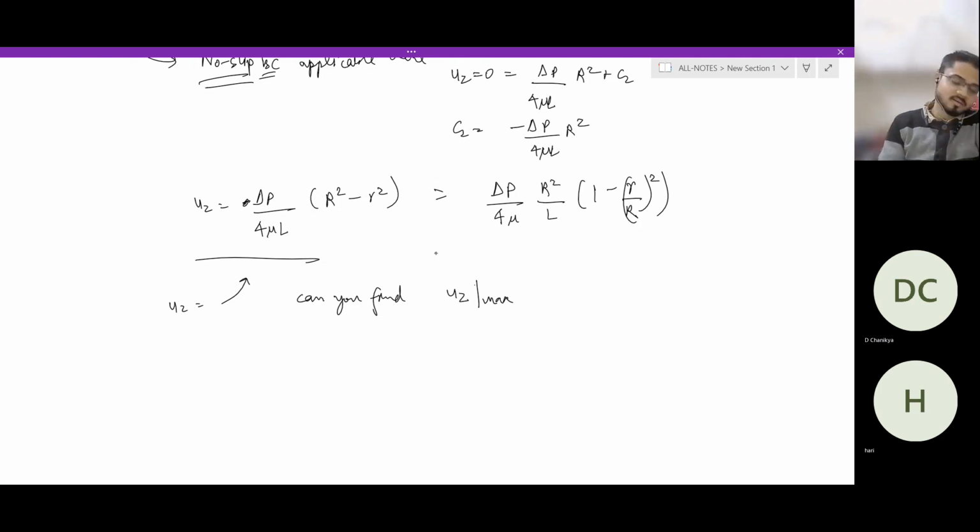Well, I know you can do it. Its derivative should be equal to 0, then we will find the maximum. So do it and tell me.